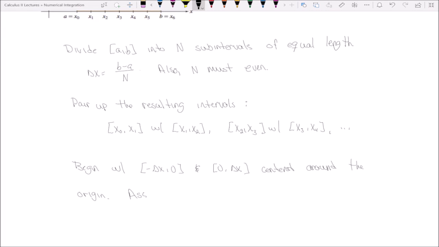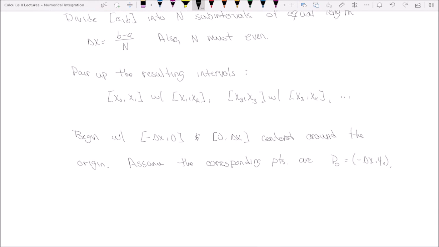Assume that the corresponding 3 points are P0 equals negative delta x, y0, P1 is 0, y1, and P2 is delta x, y2.